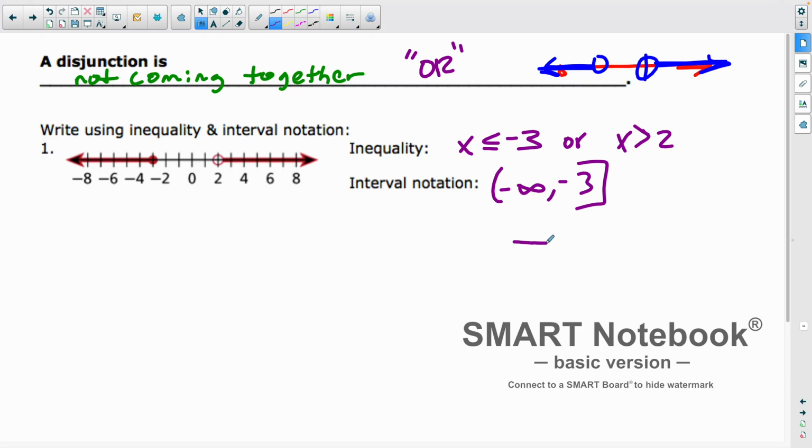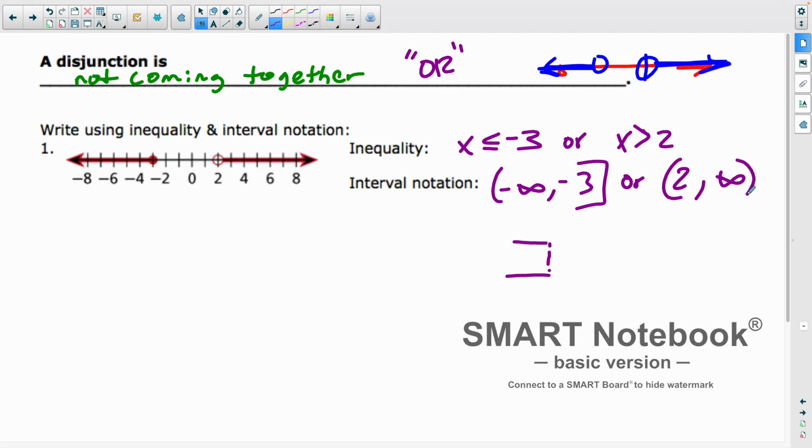I use a bracket when it's equal to, because if you were to connect an equal to sign, it creates a bracket. So anytime that I'm using an equal to, it's going to have a bracket. If it's not equal to, it would have a parenthesis. I could be this interval, or I could be 2 is the smallest number. What is the biggest number on that spot? Positive infinity. Okay? So this is inequality notation, that's interval notation.